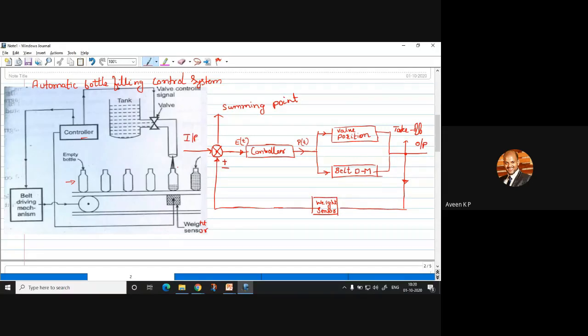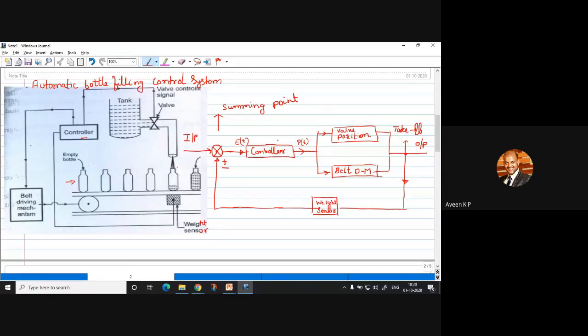Based on that, we will compare. So the input as well as the feedback will be compared, and the error will be passed on to the controller, and the controller, based on this error, will change its output.